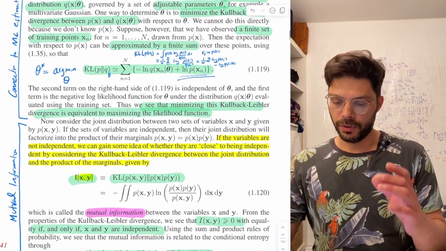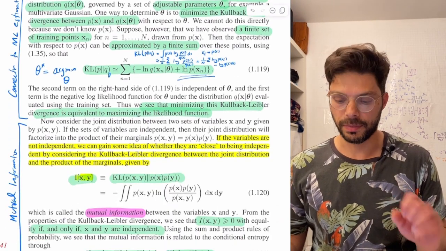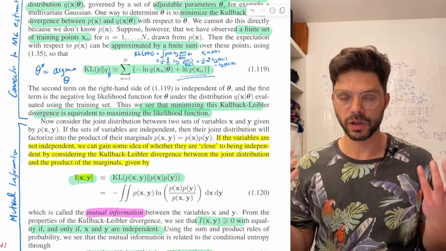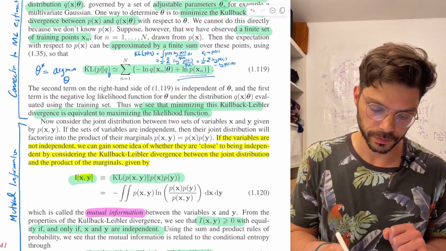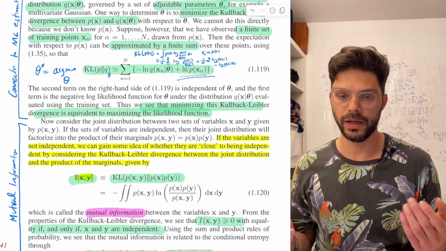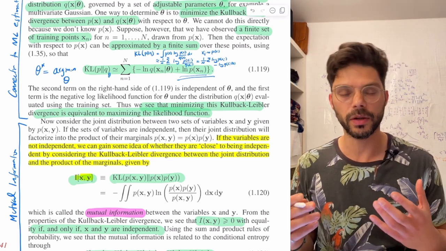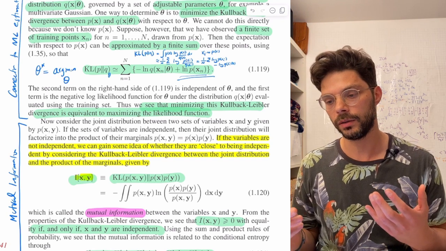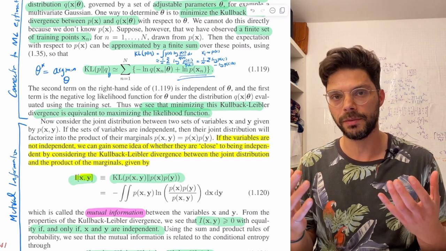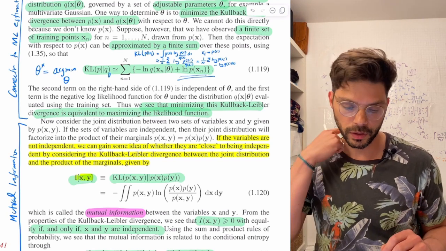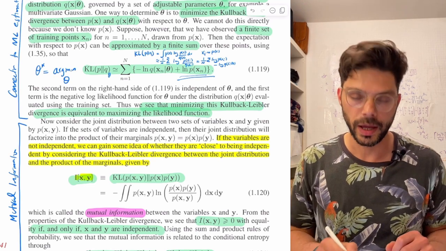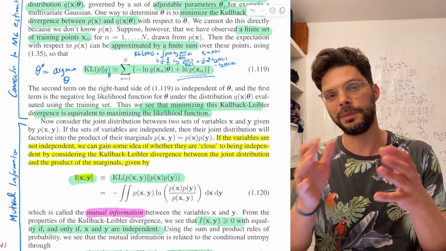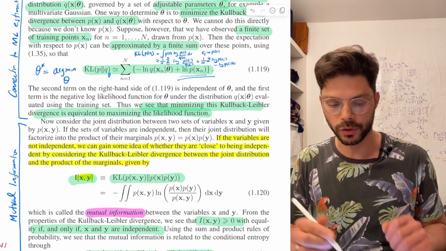And now finally we come to the last important concept that's going to be introduced, which is the concept of mutual information relating to random variables. The idea here is that if two variables are unrelated, well, unrelated means they're independent. So we can consider their joint probability distribution, and if they're unrelated, that means the joint probability distribution is the product of the marginal distributions.